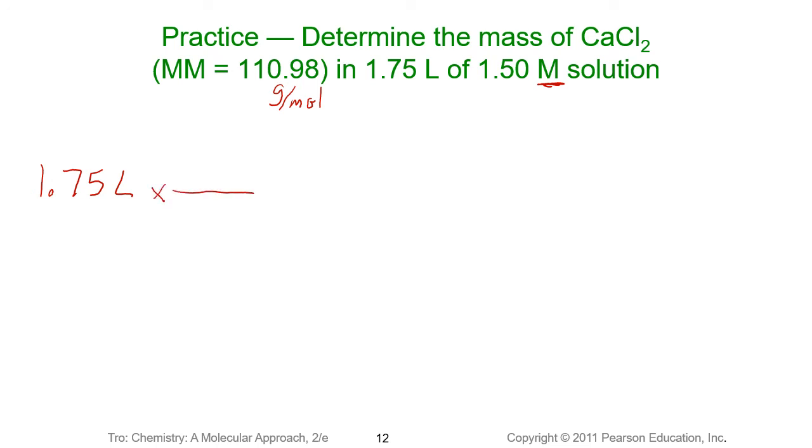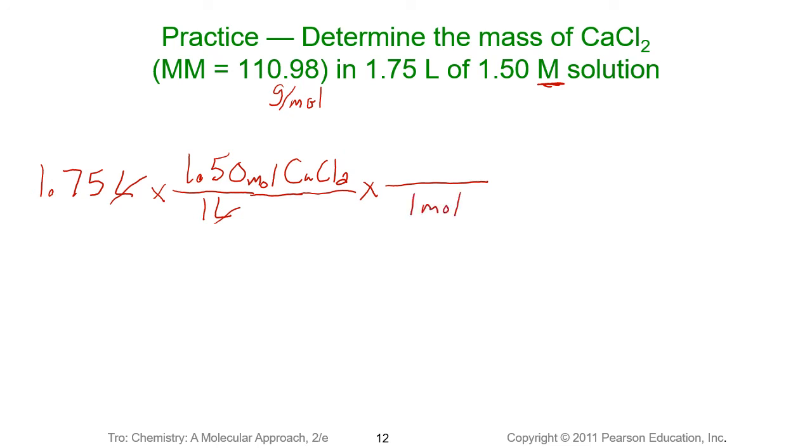Now we want liters to cancel, so our 1 liter of solution goes on the bottom. 1.5 moles of calcium chloride go on top. Liters cancel. Now if we want to find grams, we need our molar mass. We want the moles to cancel, so 1 mole goes on the bottom, 110.98 grams on top.